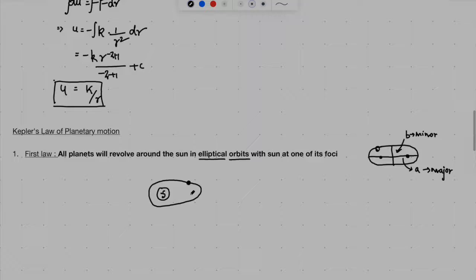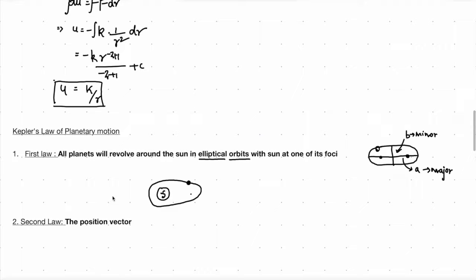So the second law is actually talking about the area swept. The second law says that the position vector of the planet from the sun, so if you are joining the position of the planet with the sun, and we move the planet from one point to another in a definite interval of time, it's going to sweep equal areas.